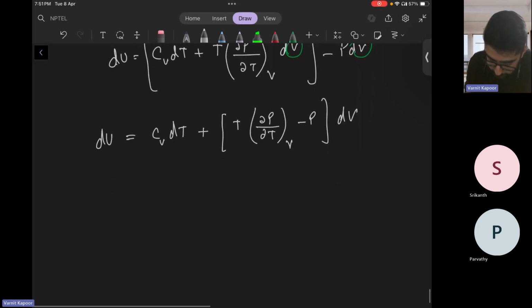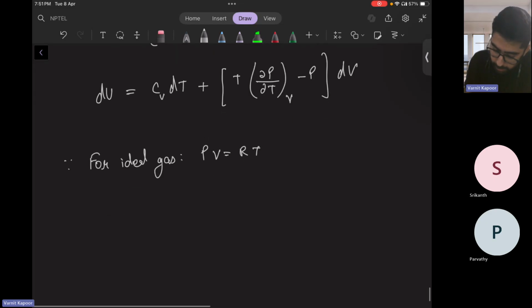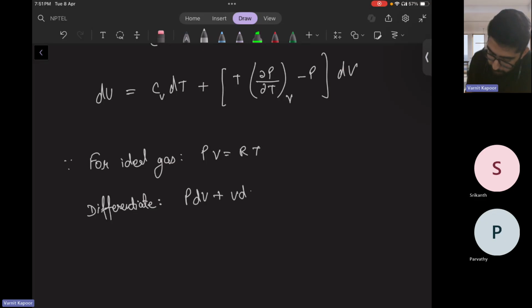Now again, you know, for an ideal gas, PV is equal to RT, and differentiate. Since it's constant volume for differentiation, it is PdV plus VdP is equal to RdT plus TdR. So this term is 0 at constant volume.